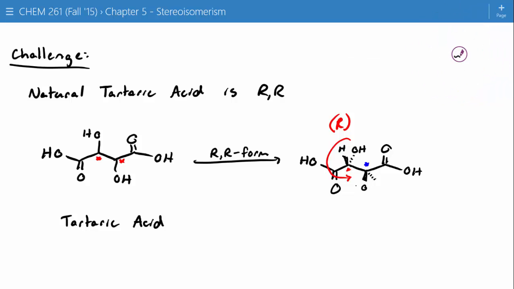So we've got OH, and I'll label H here. So what would be the highest priority? The oxygen. And then would the carbon on the right be higher priority or the carbon on the left? Right. So we would label this 2, and we'd label this 3, and then we could go through and say 1, 2, 3. Is that R or S?